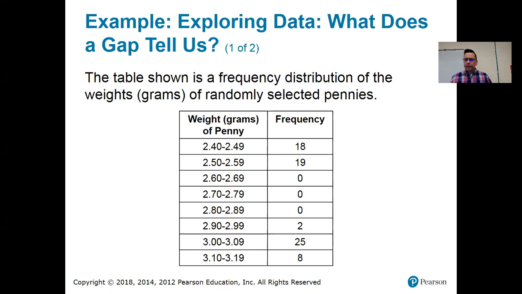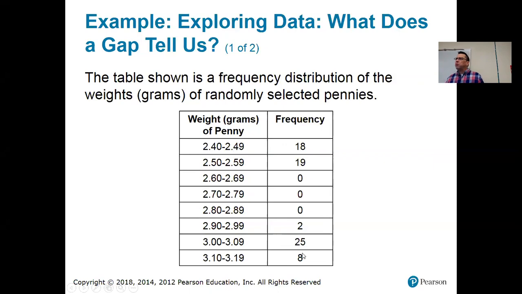Notice that there are 18 pennies that weigh 2.4 to 2.49 grams, and then there's 19 that weigh 2.5 to 2.59. But look, there aren't any that weigh between 2.6 and 2.89. But there are a bunch that weigh 2.9 to 3.19.